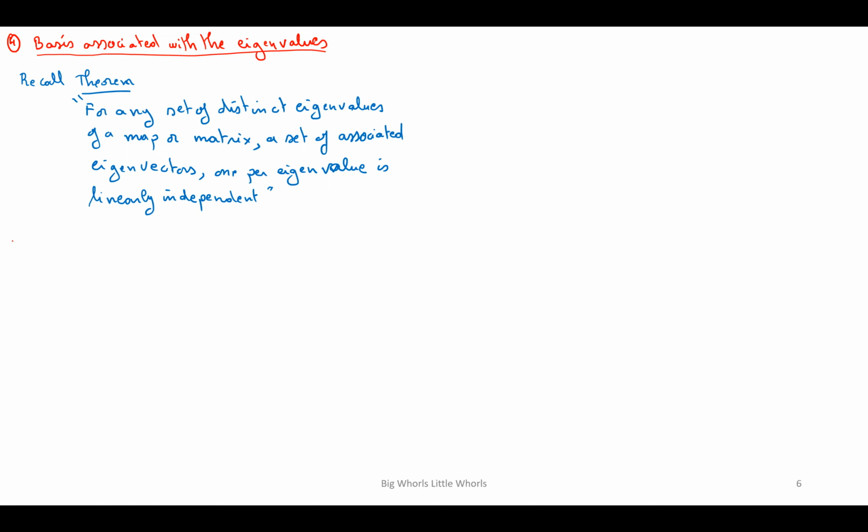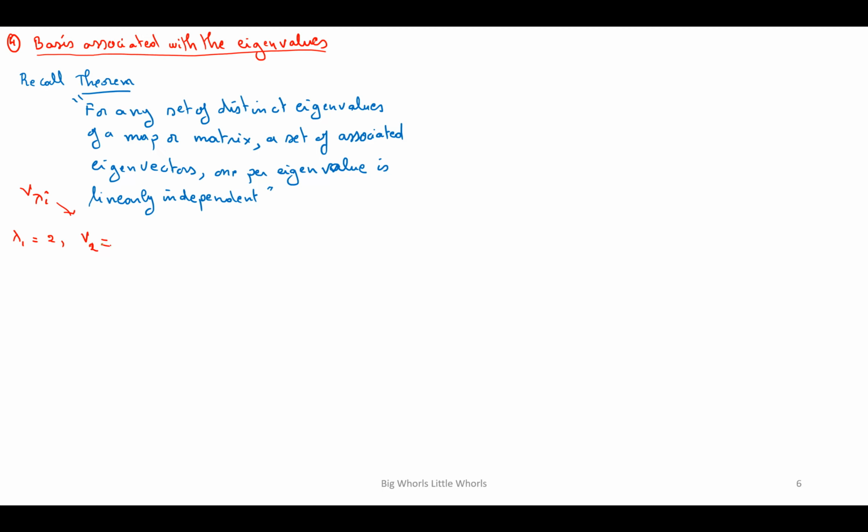Remember here, for eigenvalue lambda 1 equals 2, we have the eigenspace V2. The eigenspace, if you remember from the previous video, is V lambda, so that's why I wrote V2. The 2 is the value of the eigenvalue.